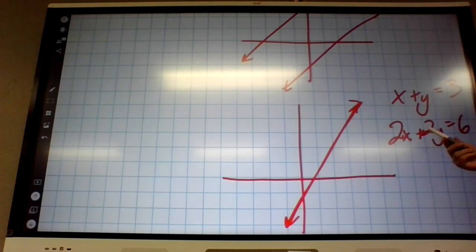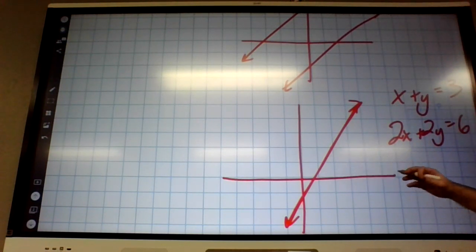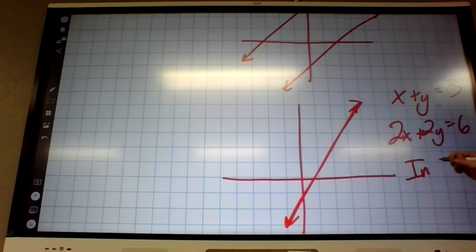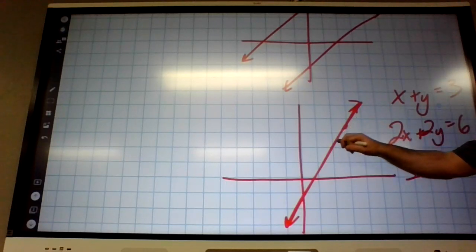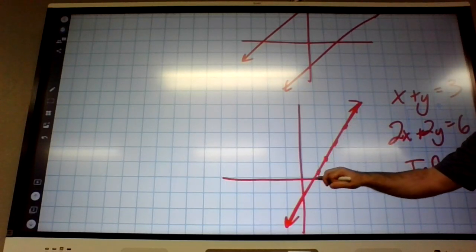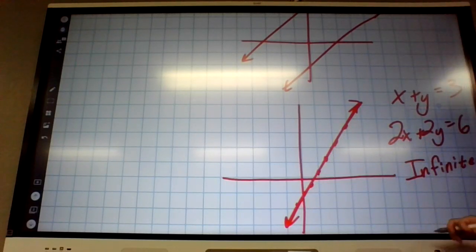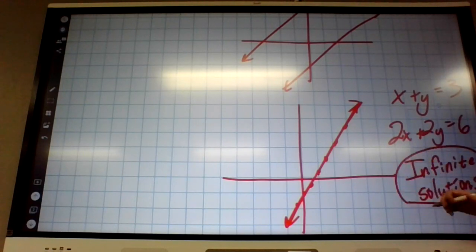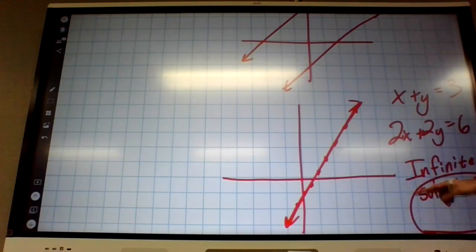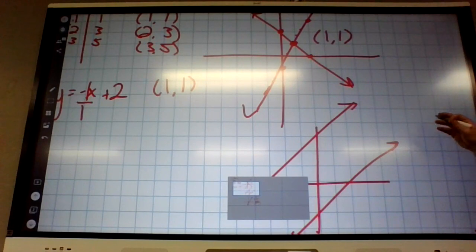You can kind of tell because this times 2 equals this, so they're actually the same equation. I can't remember if we're just going to put infinite solutions. Because every point on these lines is a solution in both equations. Our book does not write the answer like that in this weird case, but this is how we're going to write it, infinite solutions. And then if the lines don't cross at all, it's no solution.